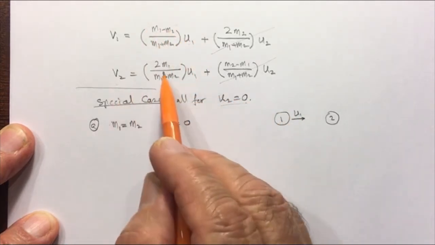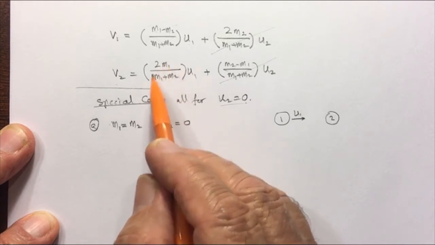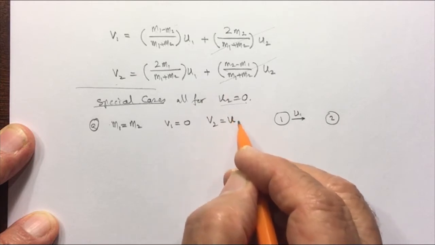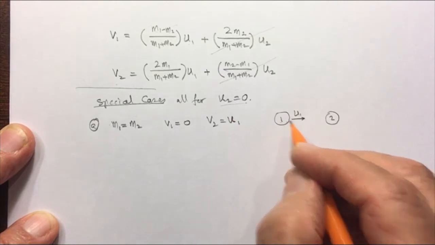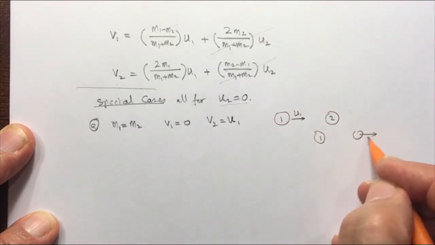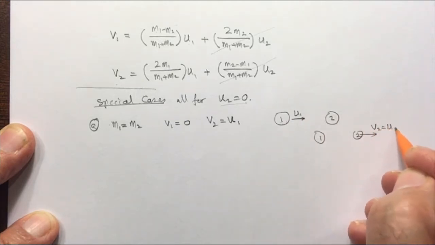And v2, if m1 equals m2, this becomes 2m1 and they would cancel, and v2 becomes equal to u1. So after the collision, number 1 would stop and number 2 would move off with a velocity equal to u1.